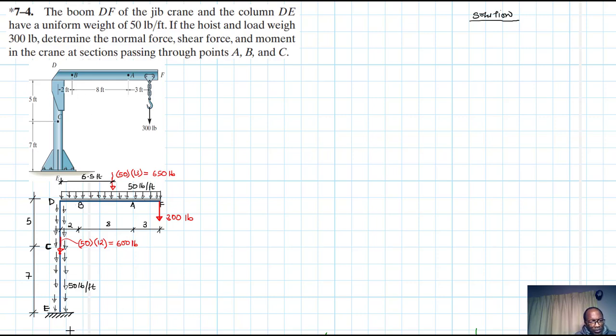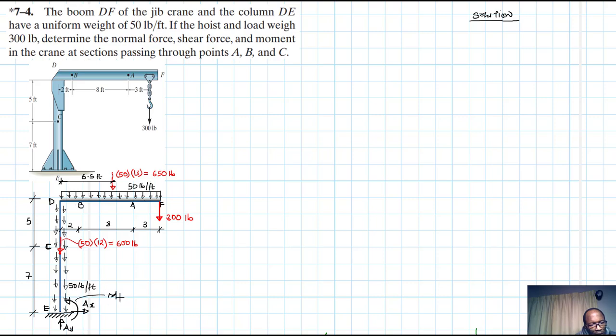So at E, which is the fixed support, we are going to have all the reaction forces, the vertical, the horizontal, as well as moment.